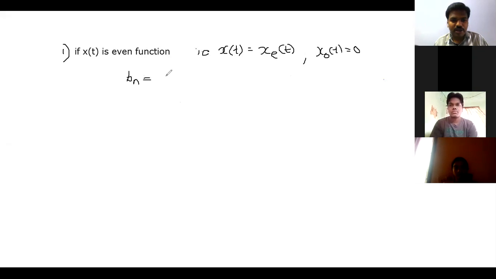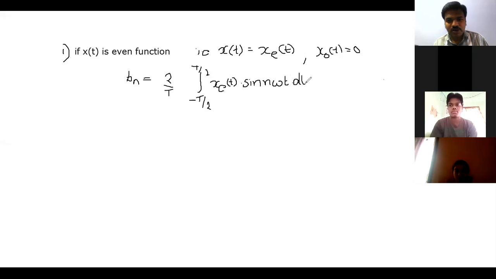As per the symmetry, this can be written as 2 by T integral from minus T by 2 to plus T by 2 of x e of t multiplied by sine n omega t into dt.